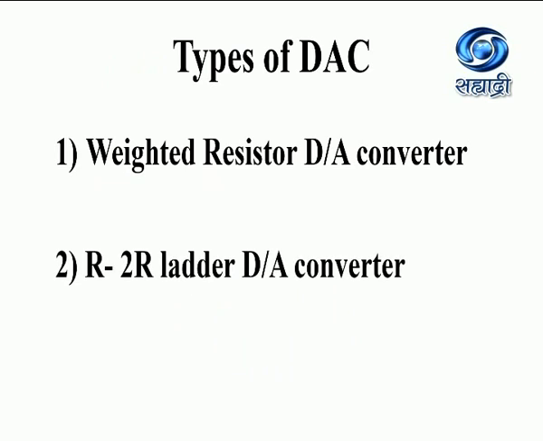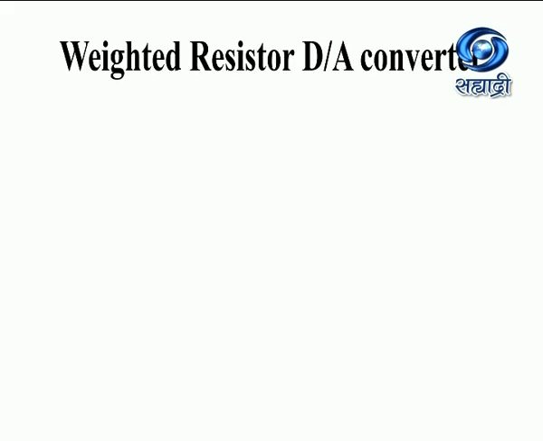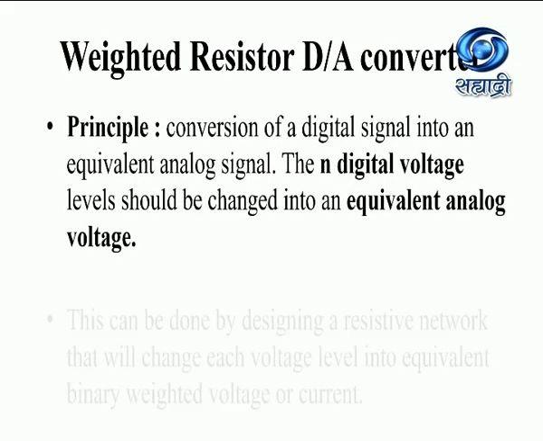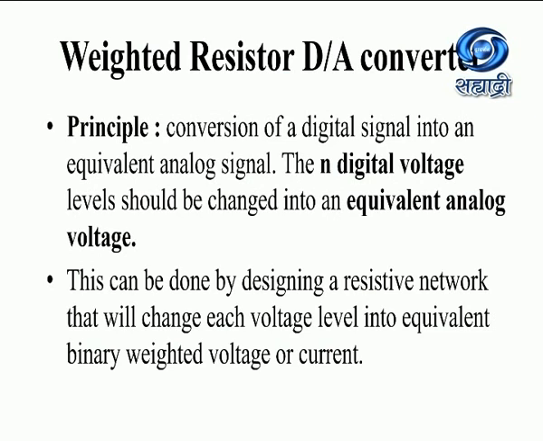There are 2 types of DACs available. First one is the weighted resistor D2A converter and the second one is the R2R ladder D2A converter. Let's start with the first type, the weighted resistor D2A converter. What is the principle of this type? The principle is the conversion of a digital signal into an equivalent analog signal.